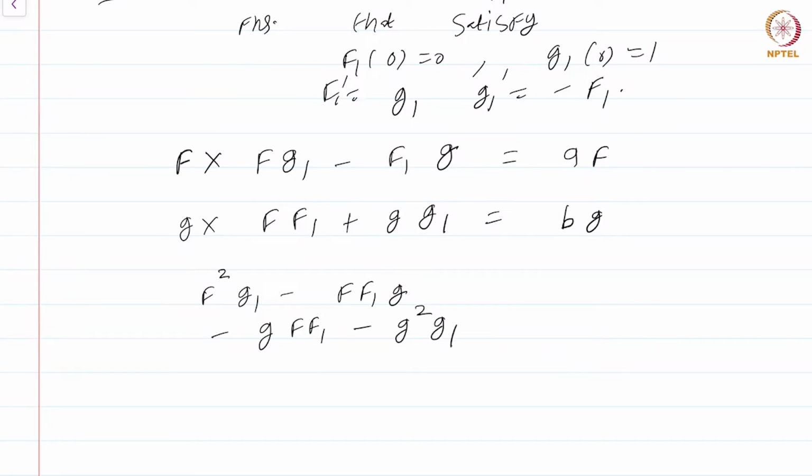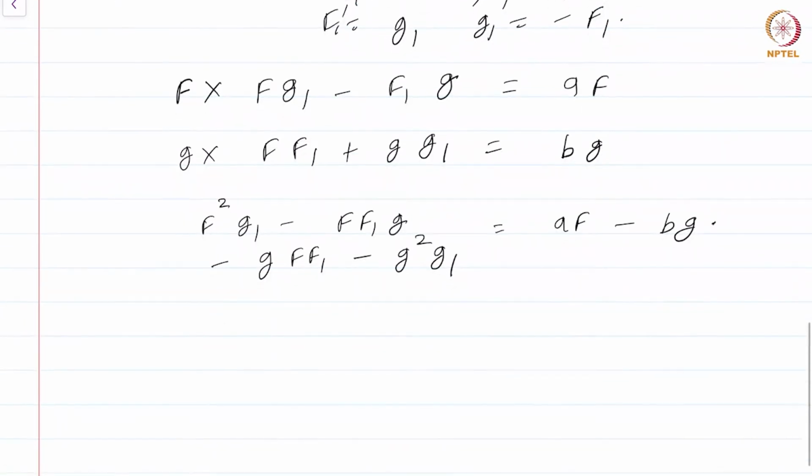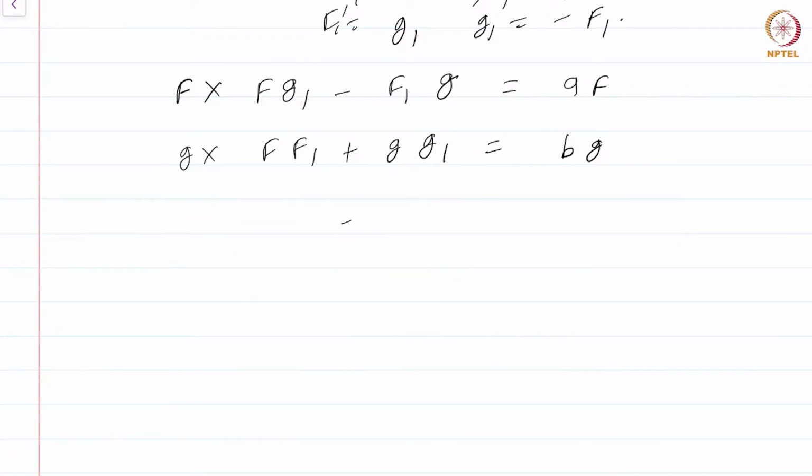We'll get this combination, equal to af minus bg. Fine. Wait a second, I did the wrong multiplication. These things are a bit of trial and error, so this is a part of the natural process of learning. What we'll do is multiply the first equation by g and the second equation by f.